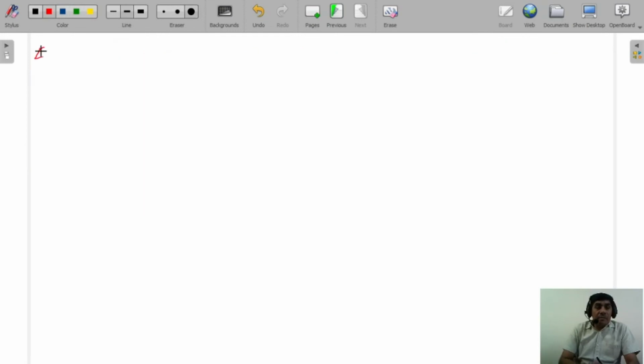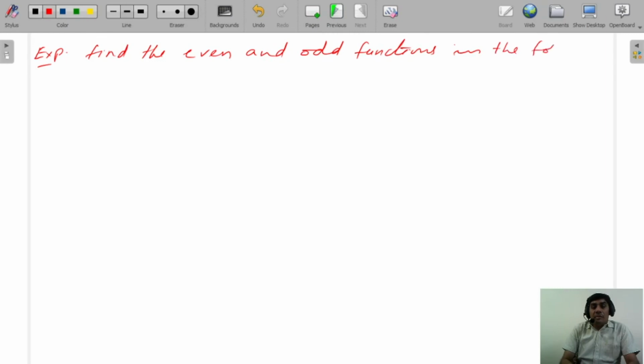Next example. Find the even and odd functions in the following functions.